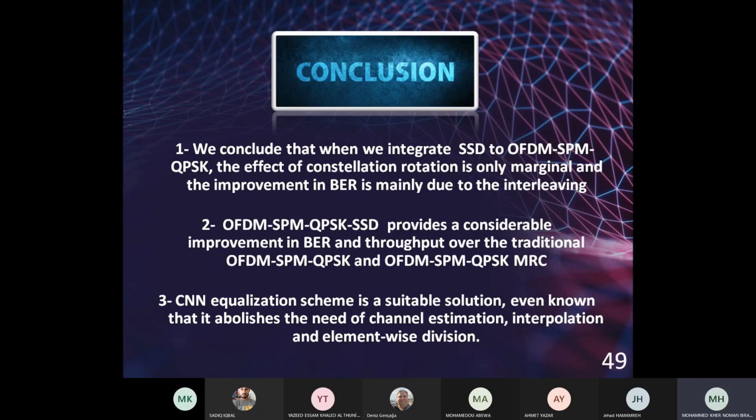Also, OFDM-SPM-QPSK using signal space diversity provides a considerable improvement in bit error rate and throughput over the traditional OFDM-SPM-QPSK, and also over OFDM-SPM-QPSK using maximum ratio combining.